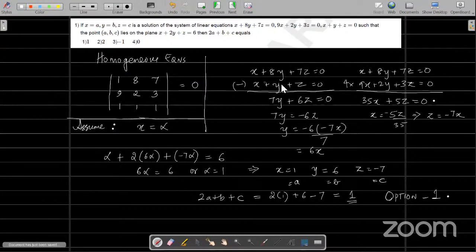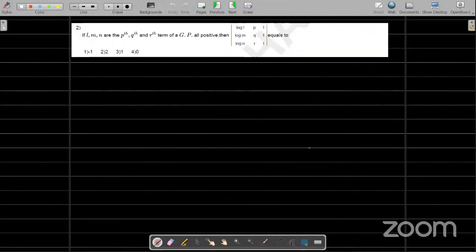So you could have done it another way where you keep x, eliminate y, in another eliminate z, so that you can write y in terms of x and z in terms of x. Then you get this constraint here. So substitute in that to get the value for alpha, and then you substitute back and you've got the answer. Okay, so that's the approach for this problem.